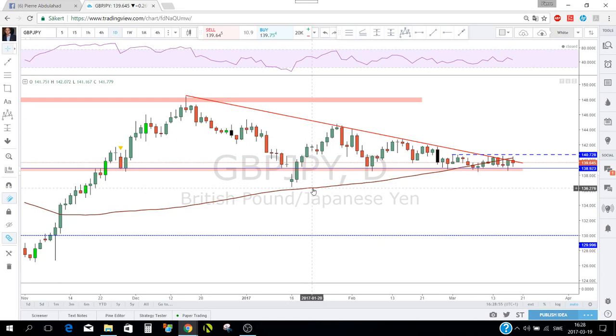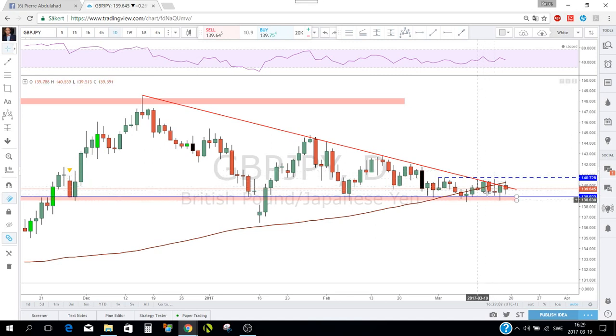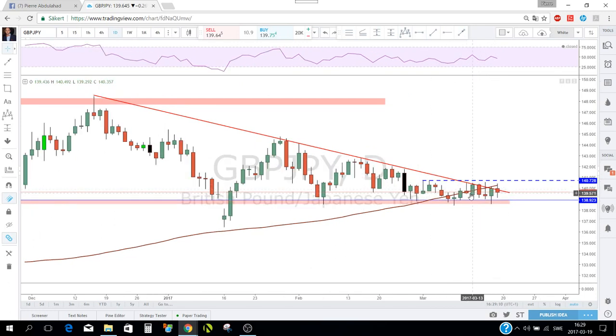The beast, British pound Jappy. This pair is very near explosion here. As you see, guys, the daily range is getting smaller and smaller. What do we have?